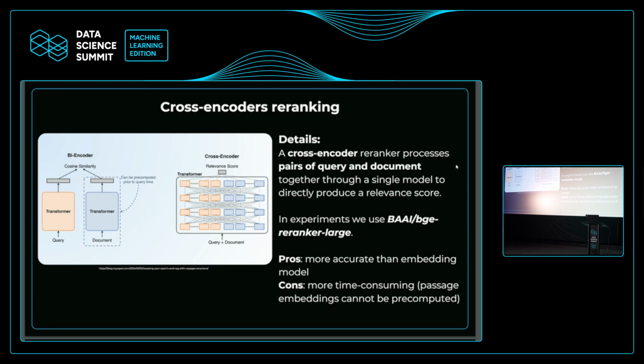In this way, they achieve much better performance than the embedding models, at the cost of higher time consumption, because unfortunately we are not able to pre-compute the embeddings of the passages as we used to. In our experiments, we used a BGE re-ranker, which is an open source model that achieves very good results.